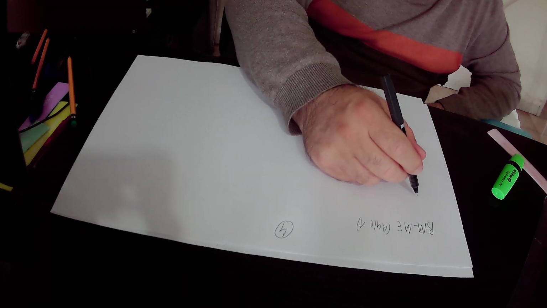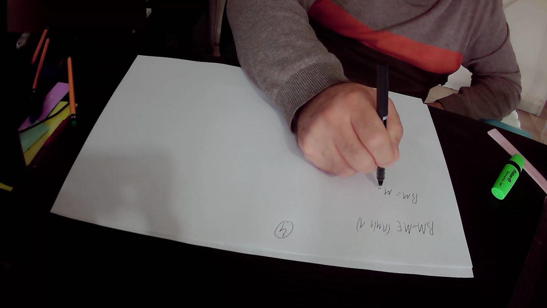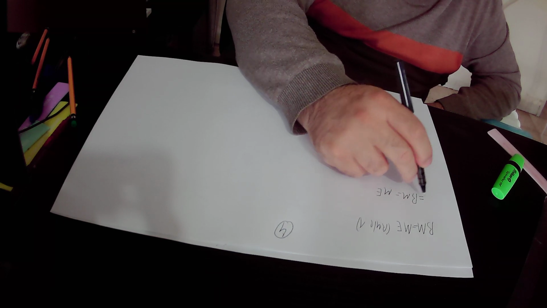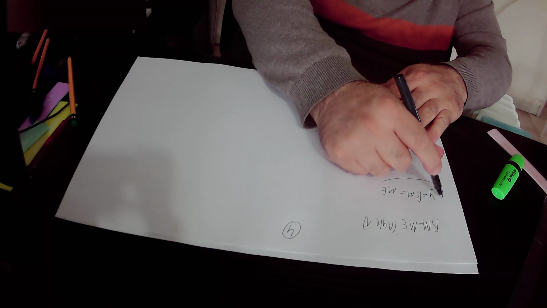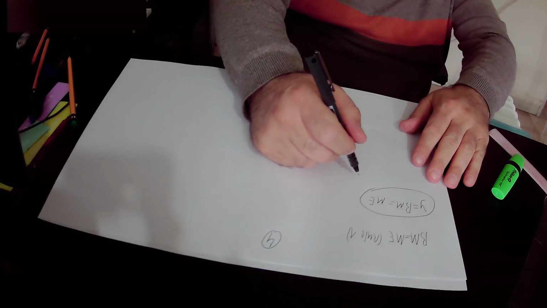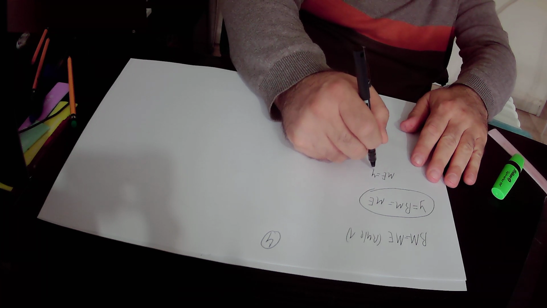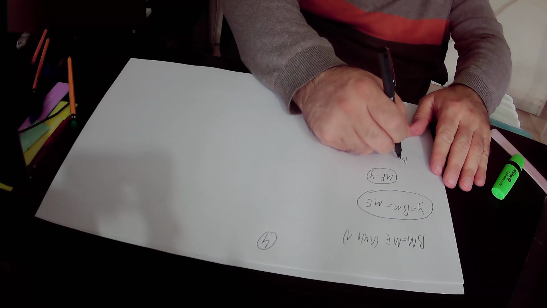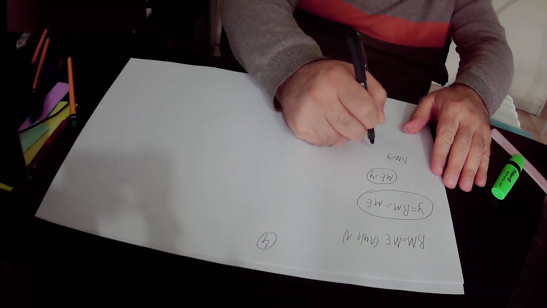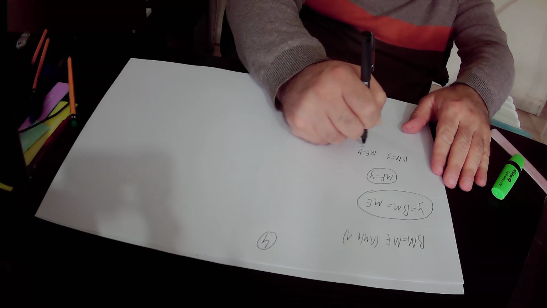So if we define BM as Y, then from this equation we conclude that ME is also equal to Y. So actually, we know that BM equals Y, and ME is also equal to Y.